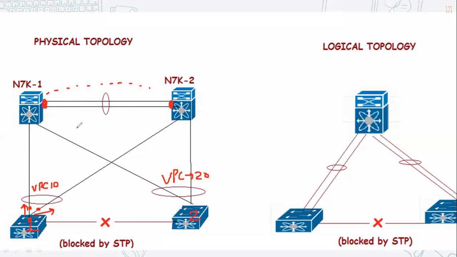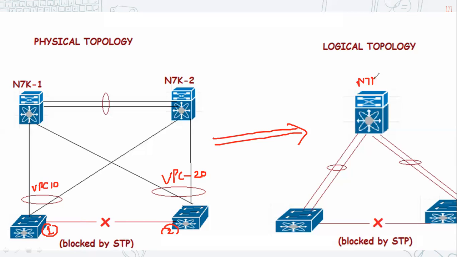But if we are going beyond the VPC, then spanning tree is always there. Okay, like this example. So between these switches, let's say this is switch 1 and this is switch 2, let's say that you are using one more connection here. So now you can think of the logical diagram of this topology will be like this. Because we are using the VPC, right? So this is your N7K1 and 2, right?